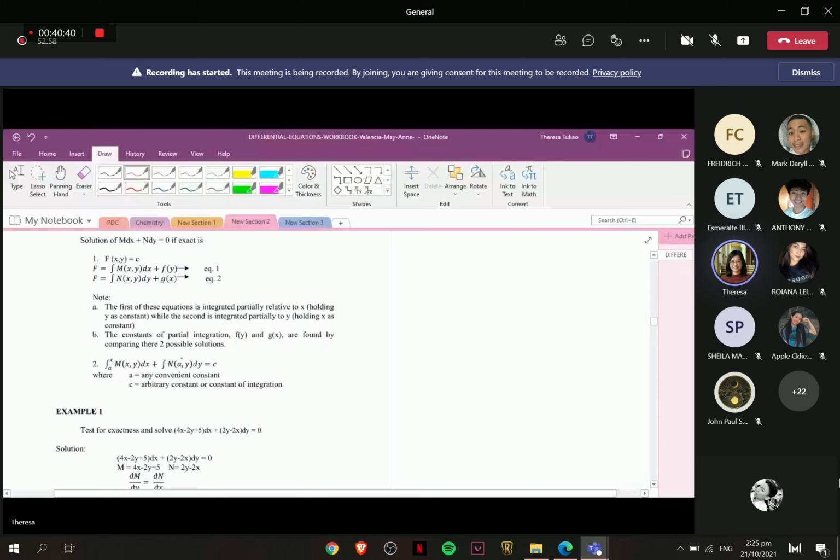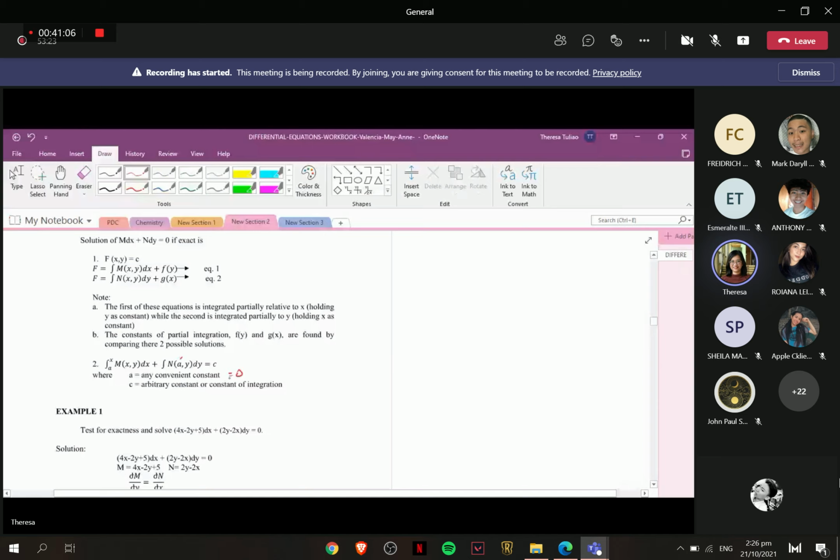So meaning in our solution, we will replace the x of N with a, where a here is any convenient constant, which is usually set as 0. No? Pinaka-convenient na constant. Pagka a is equal to 0 ka, marami kang maka-cancel na terms or factors. No? So, try natin yan dito.